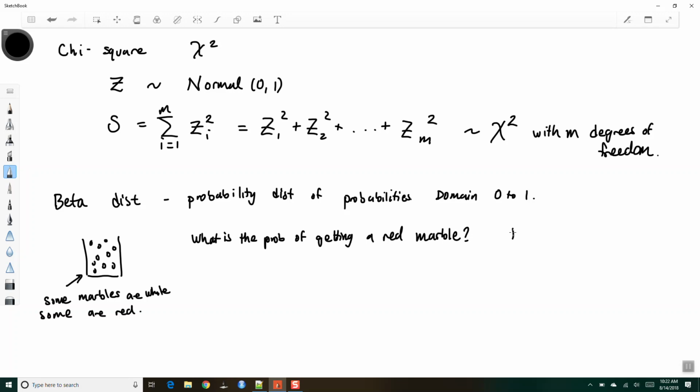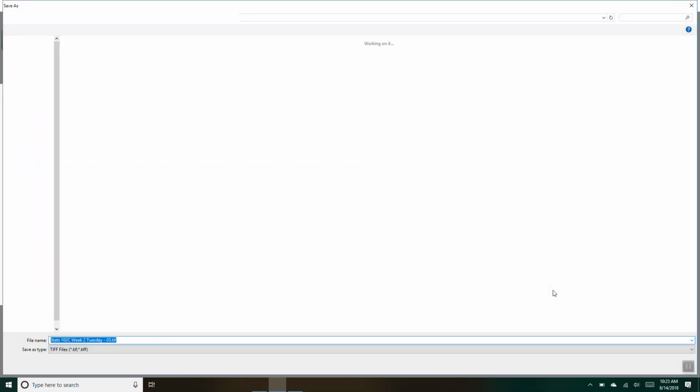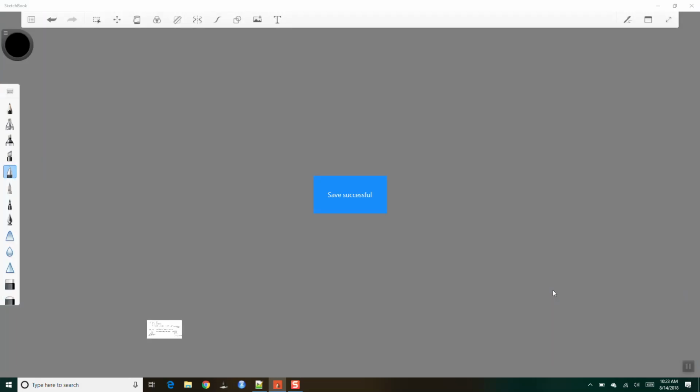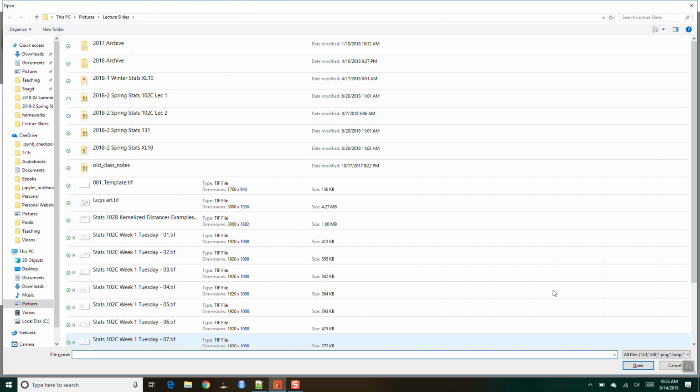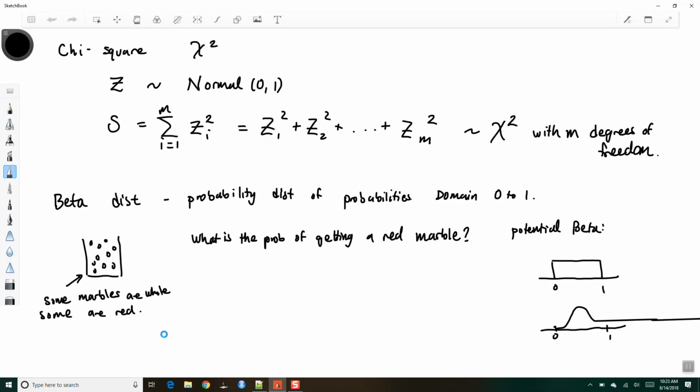So potential beta distributions will look like this, from 0 to 1. It could look something like this.